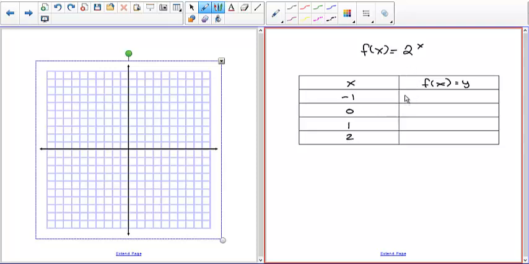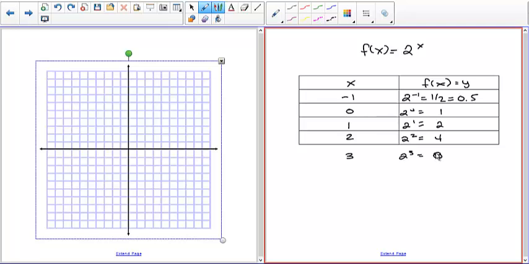So this is 2 to the minus 1 power, which is 1/2, which is 0.5. We have 2 to the 0 power, which is 1. 2 to the first power, which is 2. 2 to the second power, which is 4. And you could include a third one, which would be 2 cubed, which would be 8.